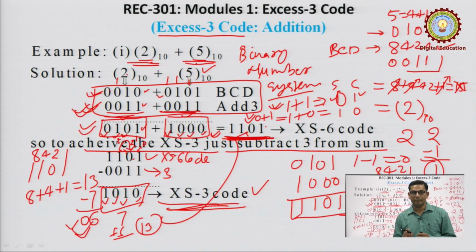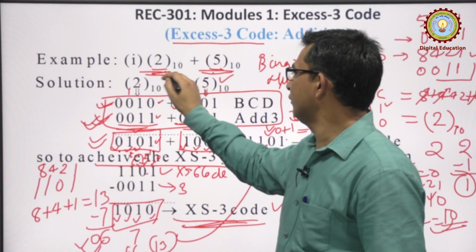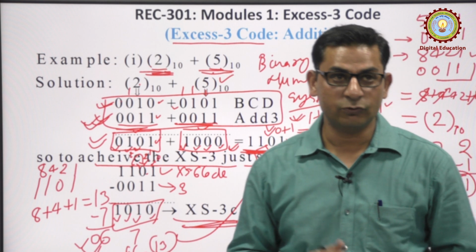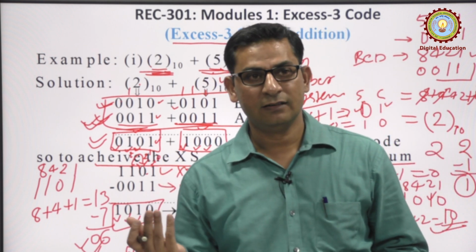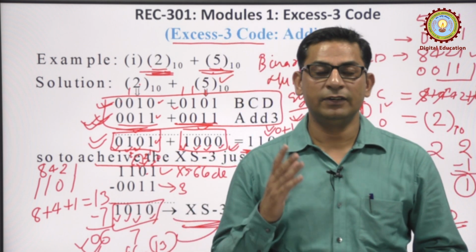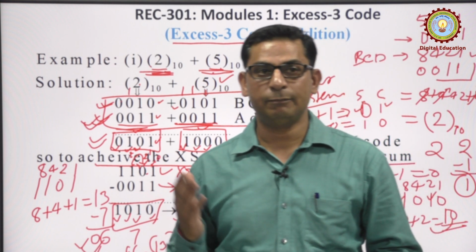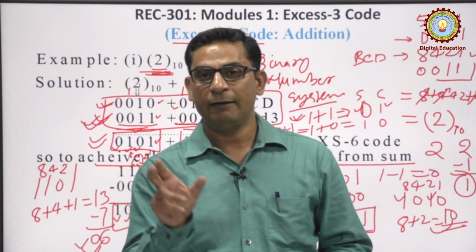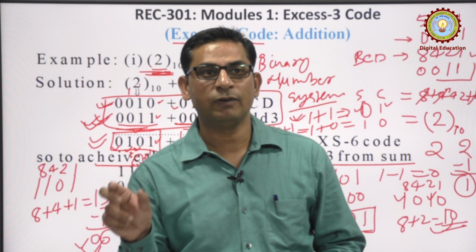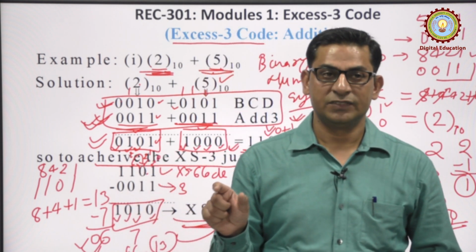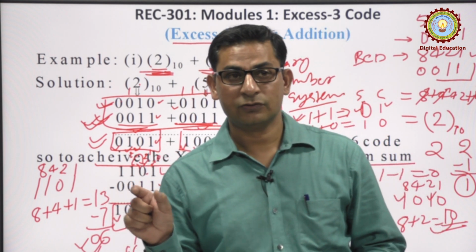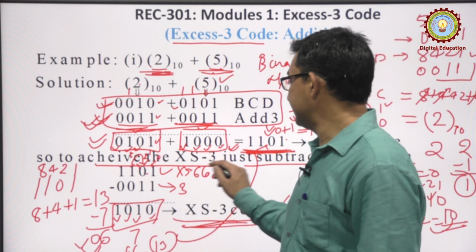It depends on how many digits you have added. Like here in this example, we have only 2 plus 5, it could be 2 plus 5 plus 7, something like this. If we are adding 2 plus 5 plus 7, it means we have to add the binary equivalent of 3 three times. So, we will get the Excess-9 code.